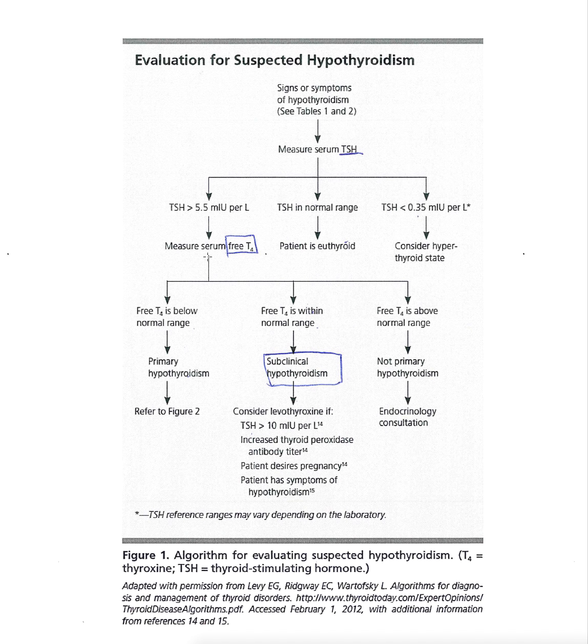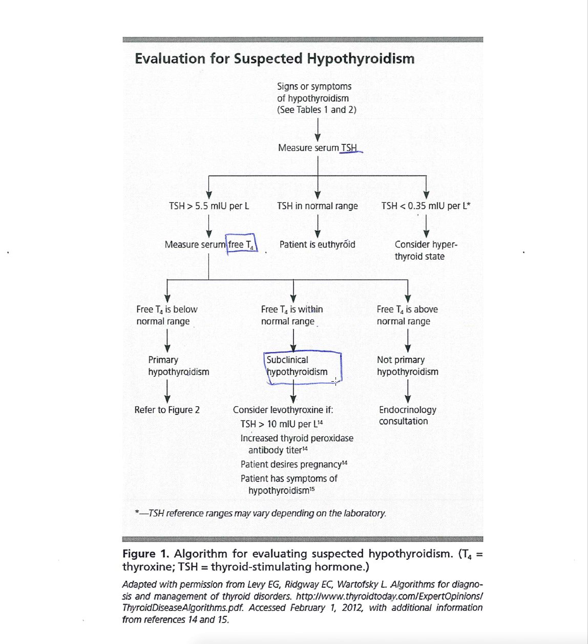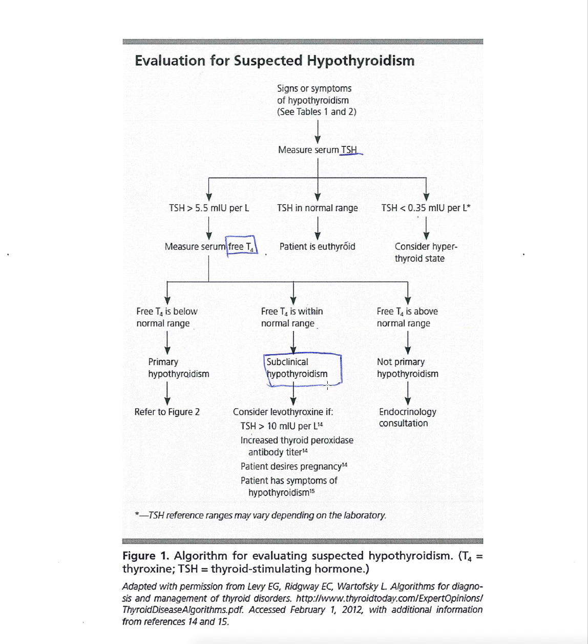When a patient has high TSH but their T4 is in normal range, that is considered subclinical hypothyroidism, meaning they don't have hypothyroidism yet, but it's almost like pre-diabetes, where the patient may develop into hypothyroidism.